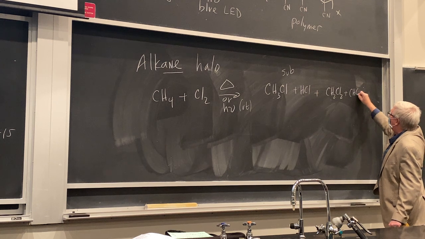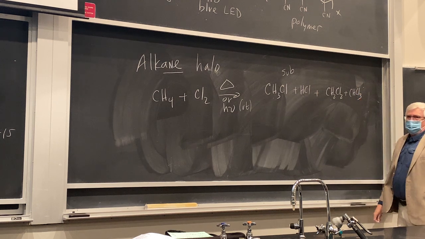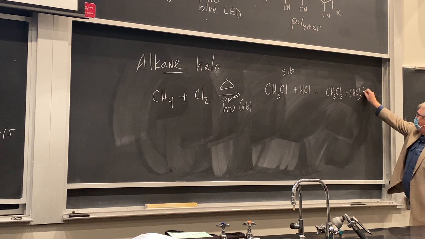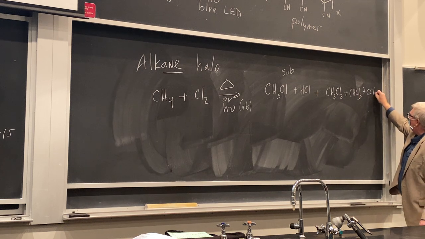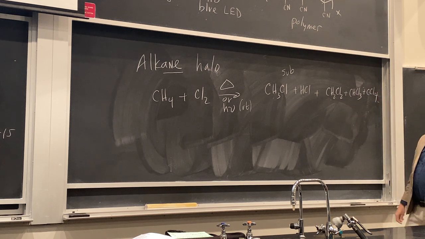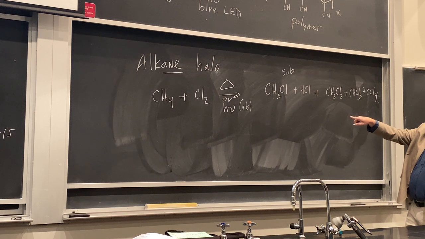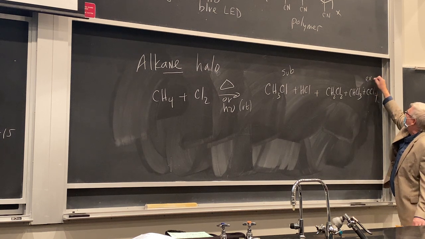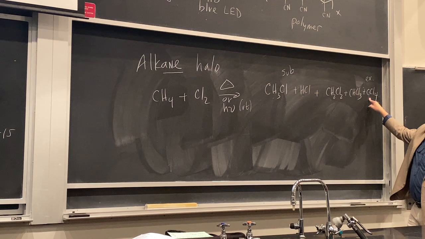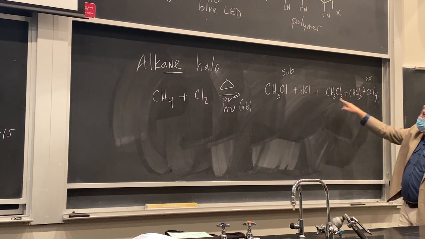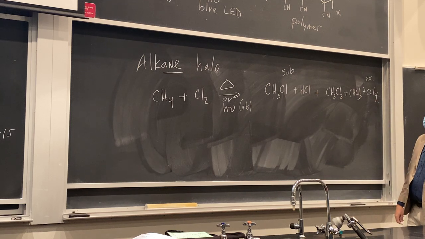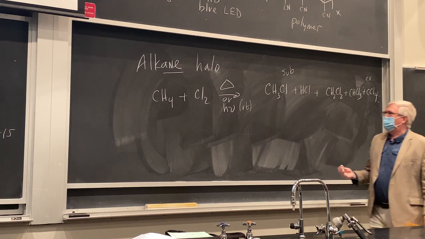We also get chloroform, which is trichloromethane, and we get carbon tetrachloride, okay? So these are often byproducts, even if we try to limit the amount of chlorine. But if we use excess, we can drive it all the way to carbon tet. Now these all have different boiling points, and I'll show you that in a minute. So it can be practical, whatever there.